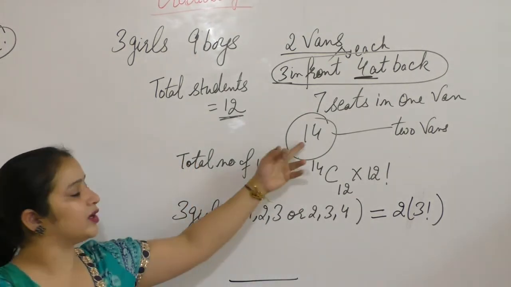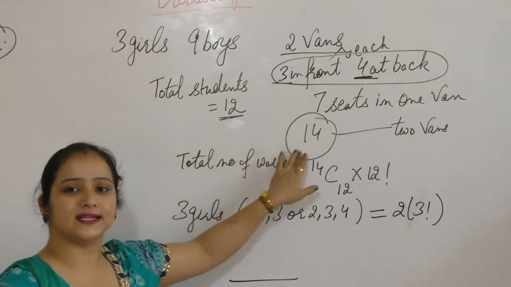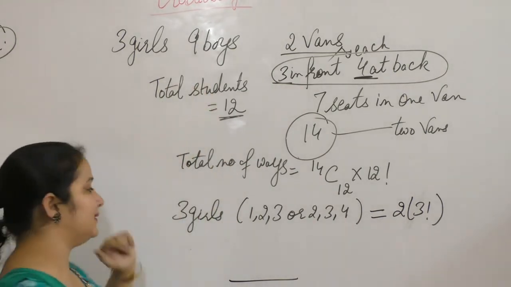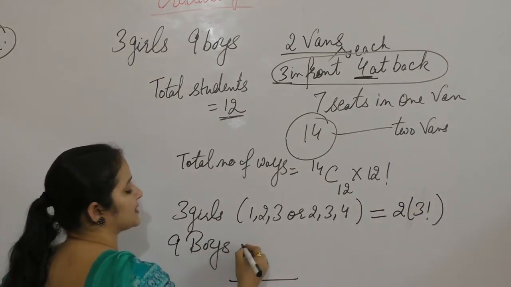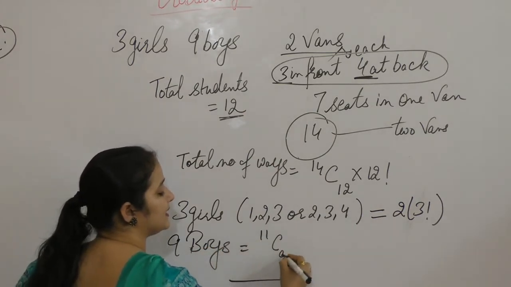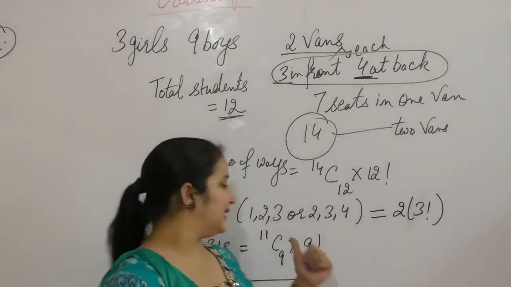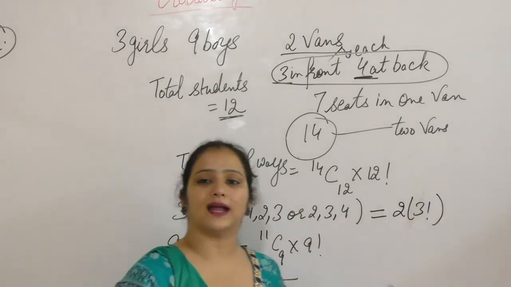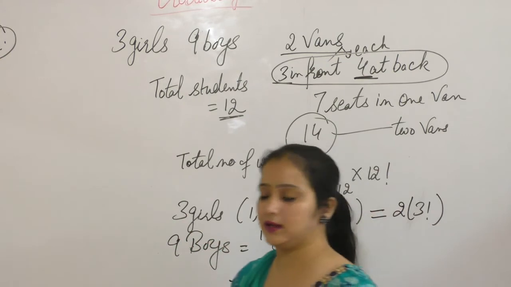Now out of the 14 seats, 3 are occupied by girls. So the number of seats left is 11 and the number of boys is 9. In how many ways can we arrange the 9 boys? 11C9 into 9 factorial. On 11 seats we have to seat 9 boys, and the 9 boys can sit in 9 factorial ways.